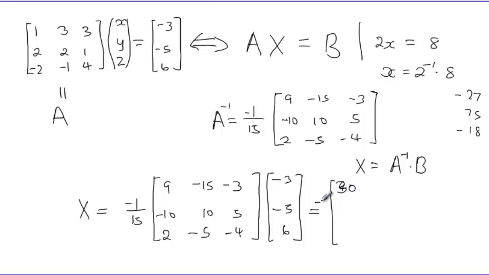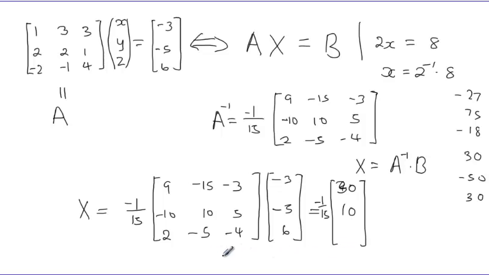Our minus 1 over 15 is sitting outside. This is only one column, so we don't need to open a big bracket there. Then we come to the next one. 30, then negative 50, then 30. So this is 10.